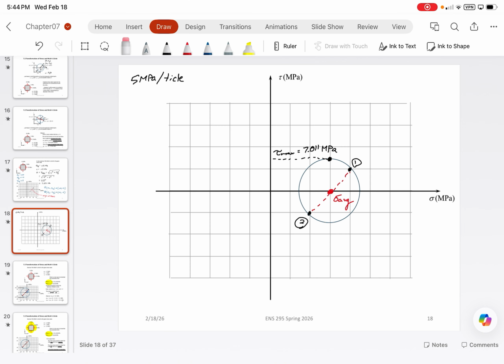Let me erase this. And that's how you would draw Mohr's circle. All right, and then from there, we can figure out all of the other stresses that we are interested in.